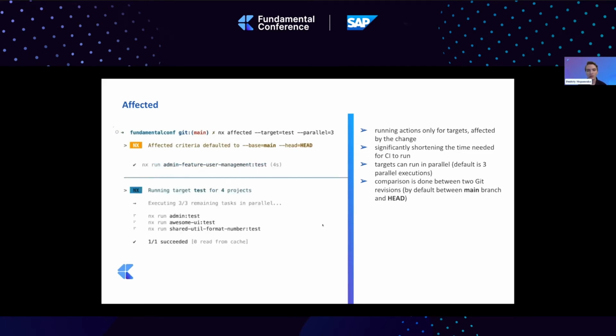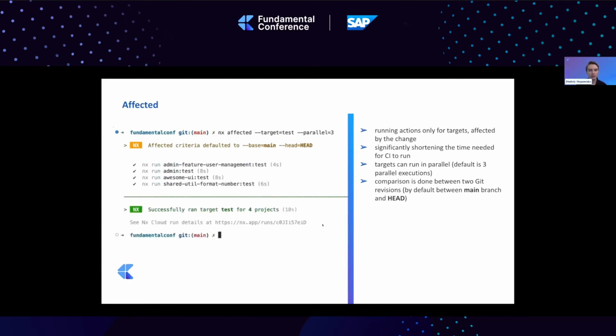Worth mentioning how exactly determination of affected targets works. The affected command accepts two additional flags, base and head. They default to main and head respectively. Nx looks at the files that were changed in the repository between base and head Git revisions, and then determines what library each changed file belongs to.